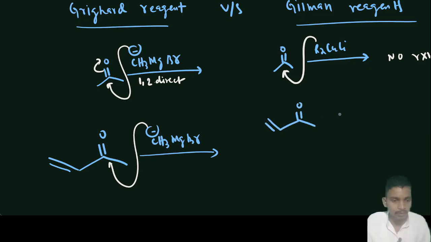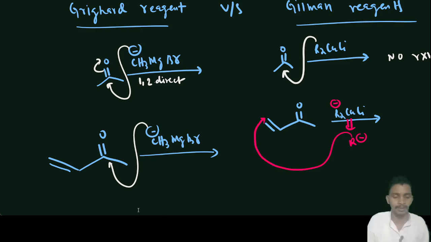Now you are going to give the Gilman reagent, R2CuLi. This Gilman reagent has a negative charge, so this R minus will attack this carbon center.